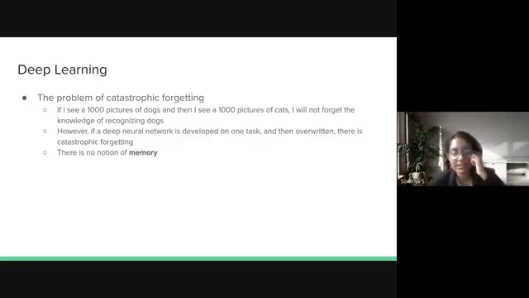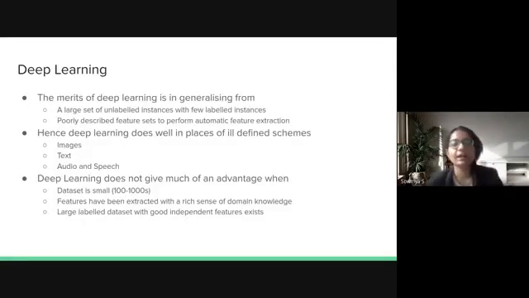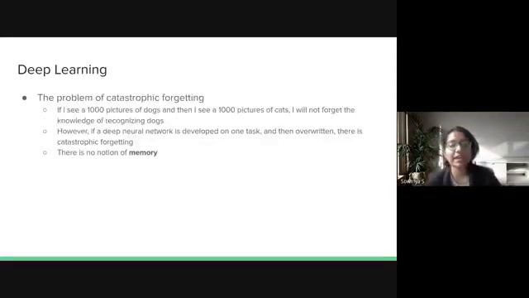We come to the first serious problem. So these are where I was pushing towards where deep learning is useful, but now we come to actual problems, catastrophic forgetting, for example. Imagine if I see 1,000 pictures of dogs and then I see 1,000 pictures of cats. I will not forget the knowledge of recognizing dogs.